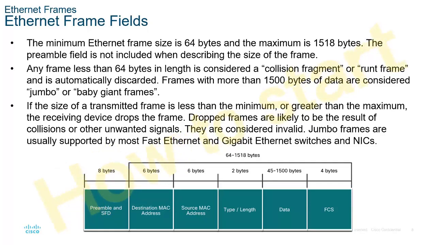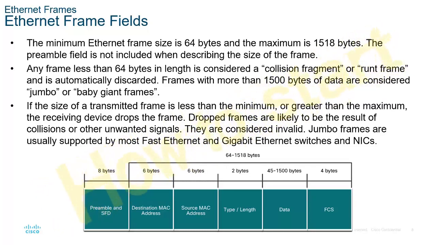The data portion of a frame is actually a chunk from layer 3, that could be part of an IP packet. The type would let you know if it is an IP packet or some other form of layer 3 technology. And we will end with a frame check sequence number, again for error detection.